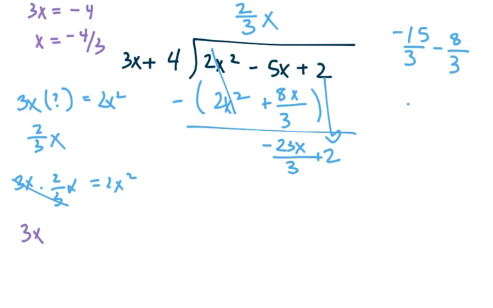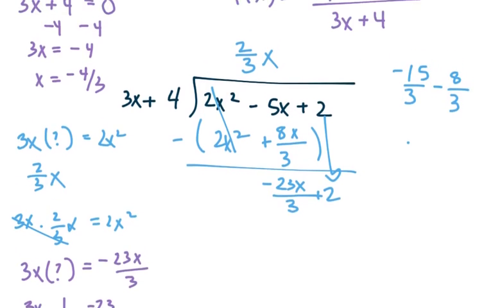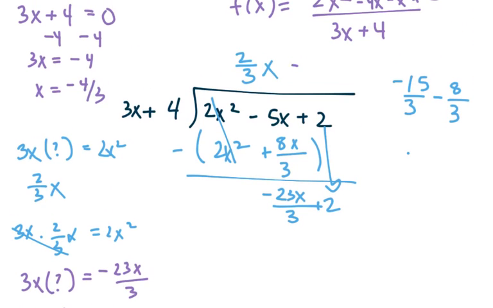So 3x times what gives us negative 23x to the third? Well, let's see. If we wanted to get rid of the 3, we would have to multiply by 1/3, and then we would multiply by negative 23/3 to get the rest. So it looks like we're going to have to multiply by negative 23/9.